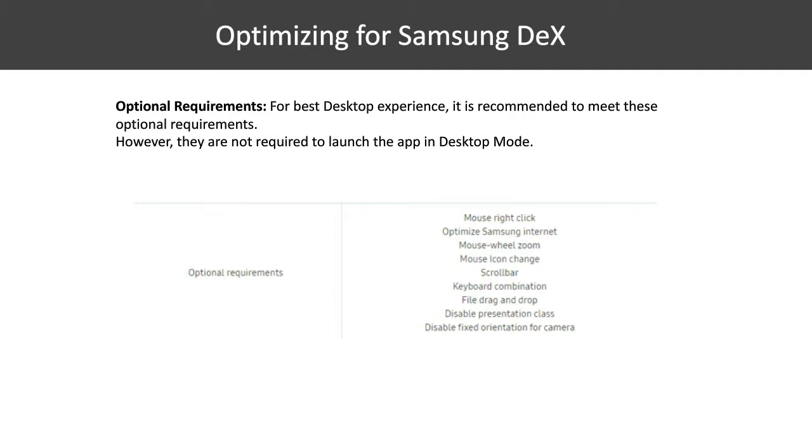And we suggest to disable the presentation class and disable the fixed orientation for camera, so that it looks good in the Samsung desktop mode. All the information on how to make this functionality available is on developer.samsung.com with all the code snippets necessary.